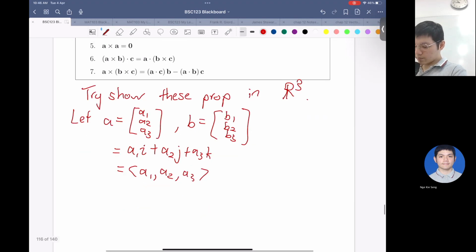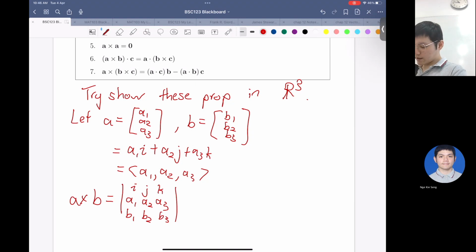So let's compute A cross B. Okay. So what's A cross B? By definition it is I, J, K, and then arrange A1, A2, A3 on the second row, and then on the third row B1, B2, B3. And then what's the formula?